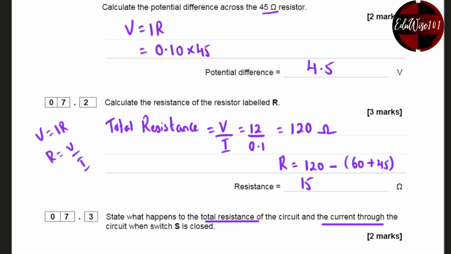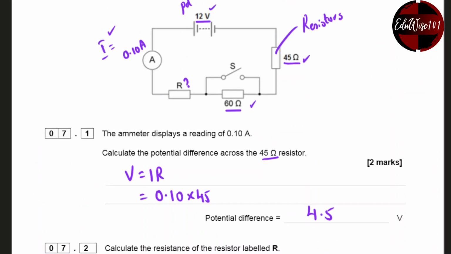So let's have a look at the circuit again. If you close this switch S, what happens is the current, as it goes through the ammeter, it passes through the resistor R here, and then instead of going through the 60 ohm resistor, it short circuits. It finds a new path because the switch is now closed. Current flows through the path of least resistance.